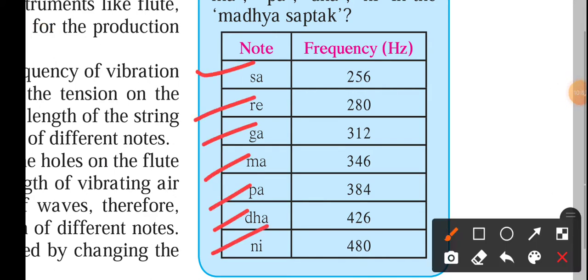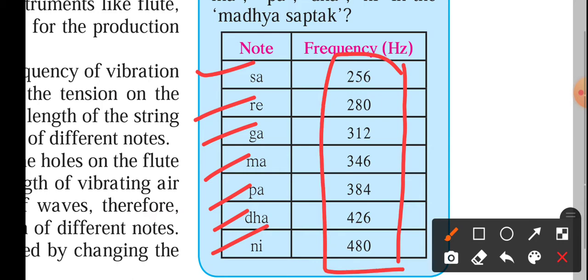These seven notes all have frequencies. They actually have different frequencies. Frequency means the number of waves traveling in 1 second. In a previous part we already studied the rarefactions and compressions coming together and forming waves.